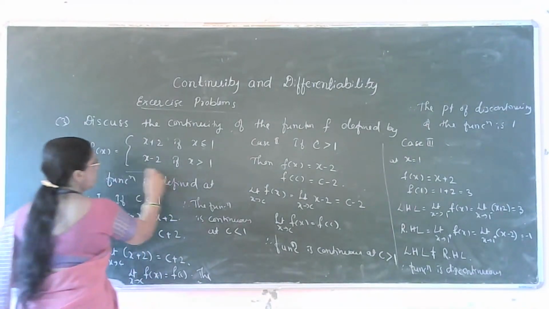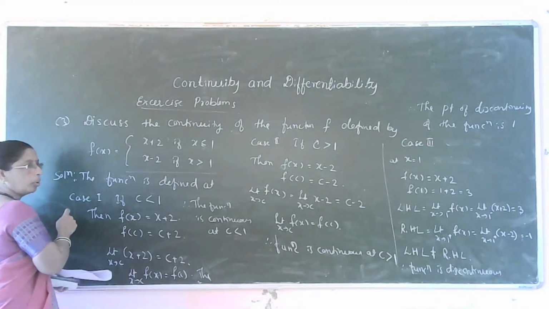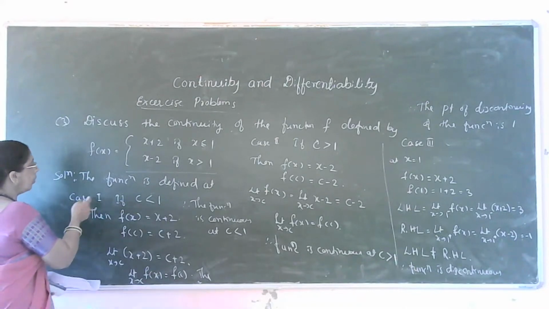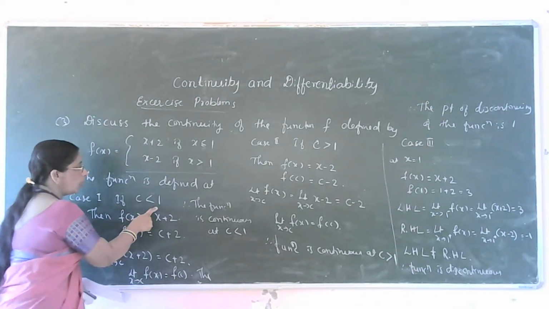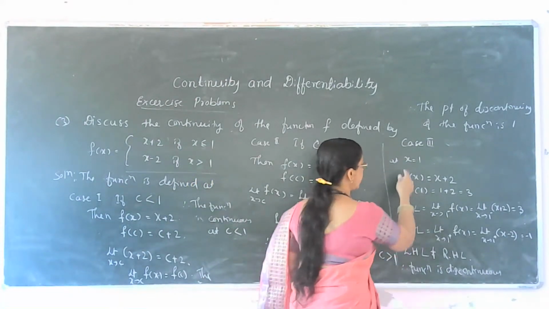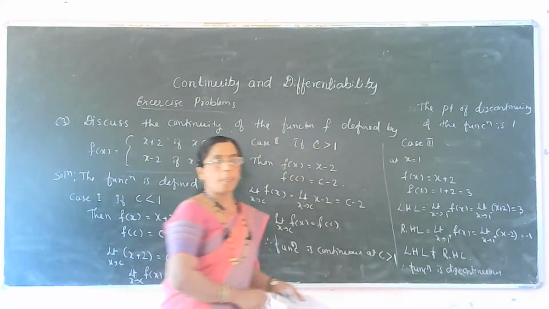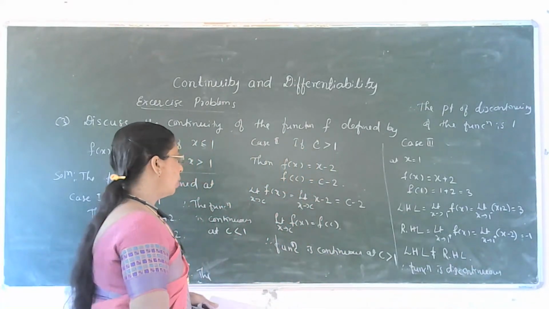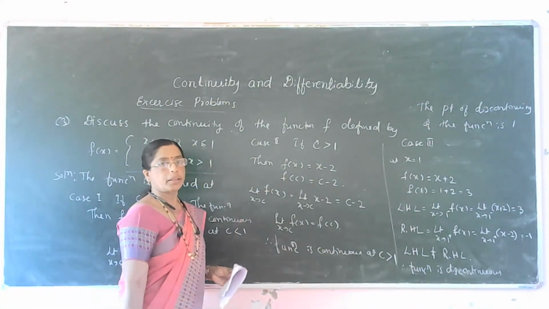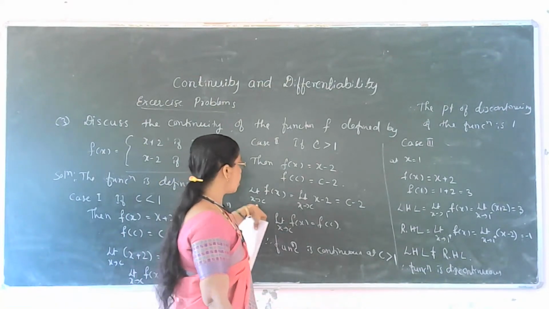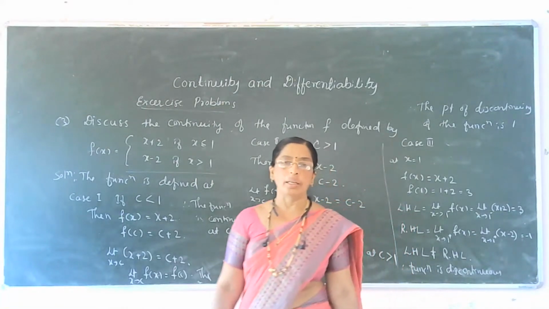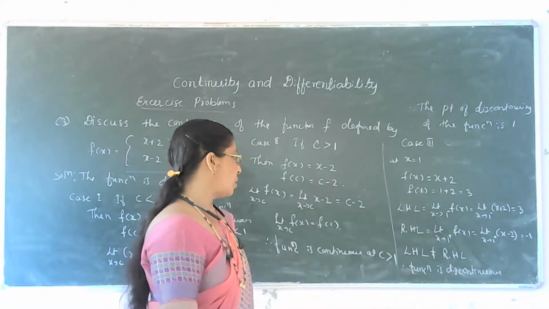In this problem, we should solve all the cases: c less than 1, c greater than 1, and c equal to 1, and prove the continuity at each point. In case 1 and case 2 the function is continuous, but in case 3, at x equal to 1, the function is not continuous.